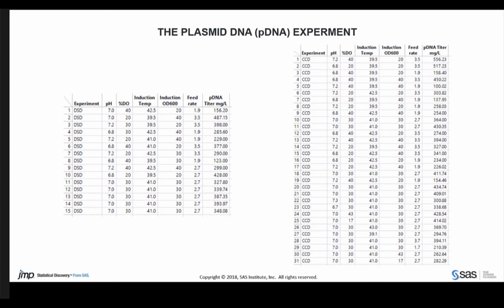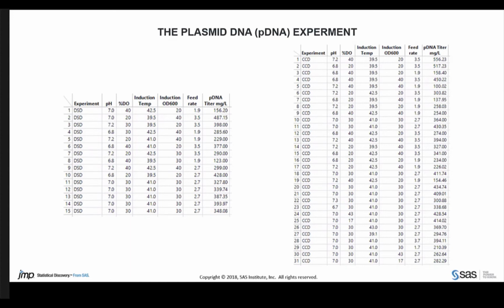Phil Ramsey was interested in seeing how well the DSD model performed relative to a classical design, a central composite design. And so when he was working with the experimenters, he had them do two separate experiments with separate people running the experiment using different test equipment.